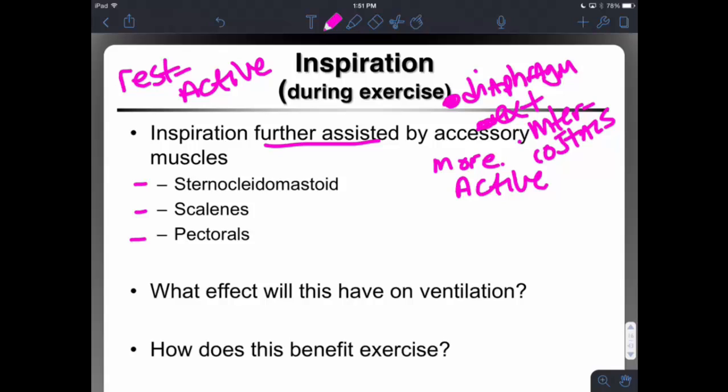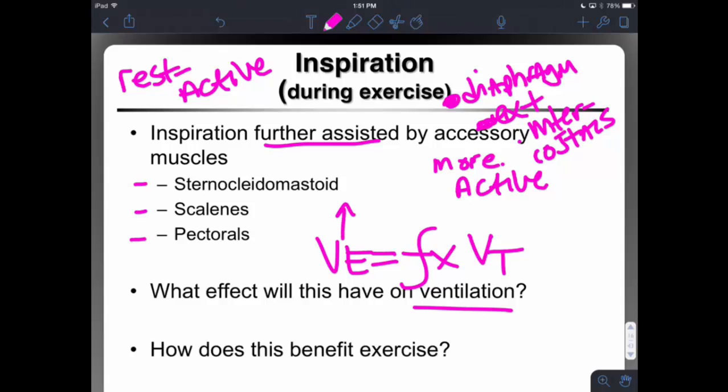And what this does is cause an increase in the ventilation. Remember that ventilation is frequency times tidal volume. If ventilation increases, it's either because frequency or tidal volume have increased.